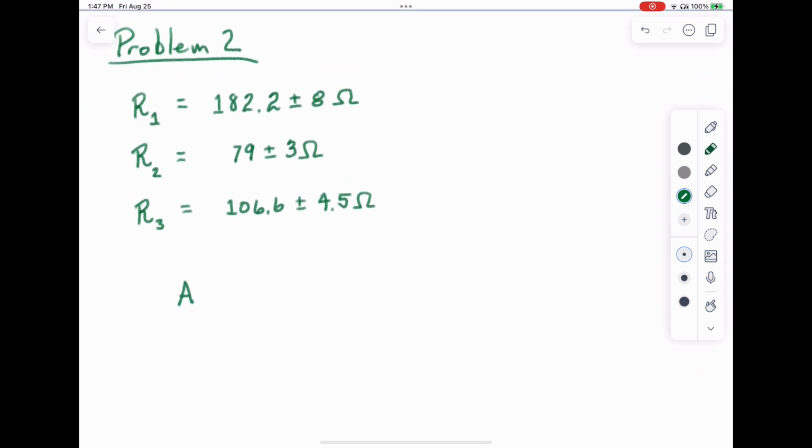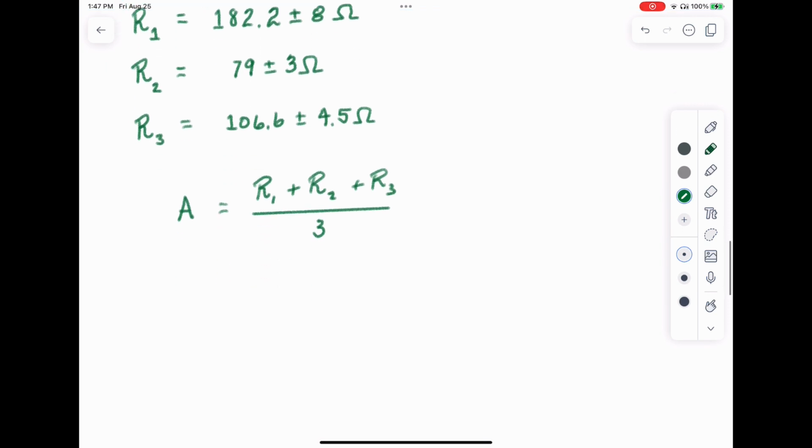So what is one of the first things that we're going to do here? We need to find the average. We want to find the average resistance and we want to find the uncertainty in that average. Right now I'm labeling that as A, but I'll change that shortly. Delta A is going to be the uncertainty in that average.